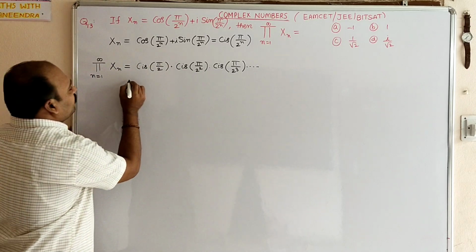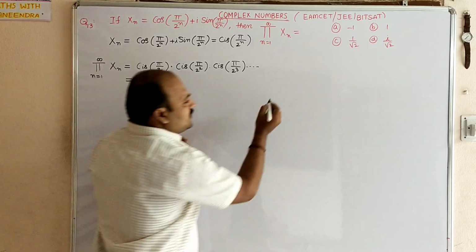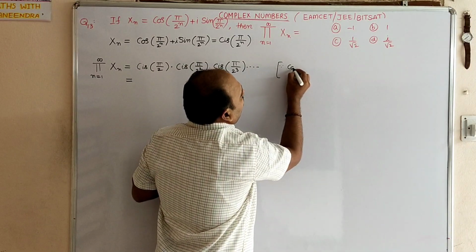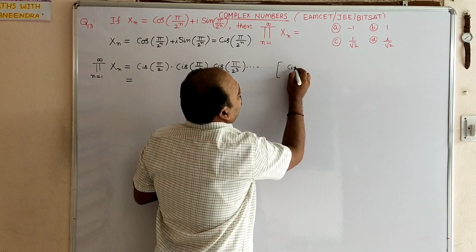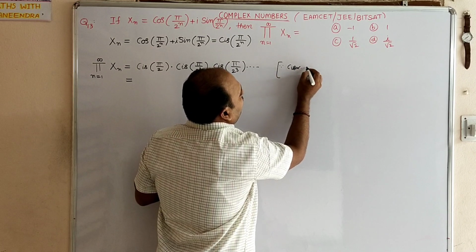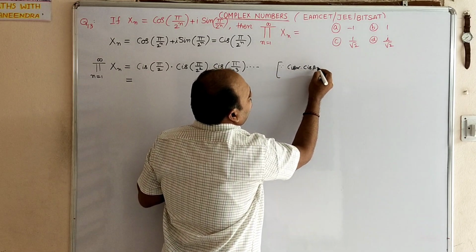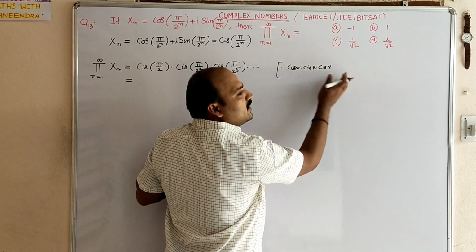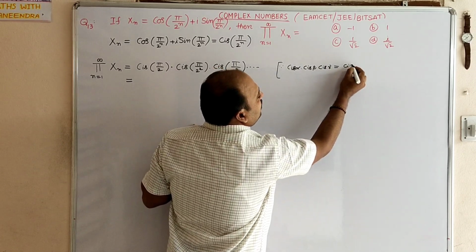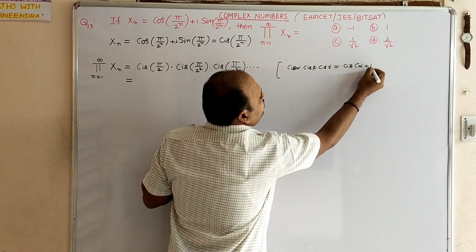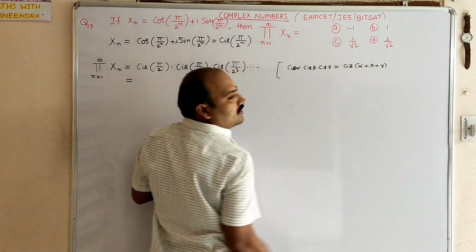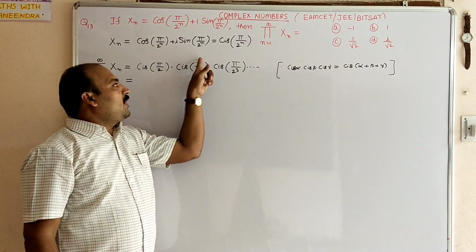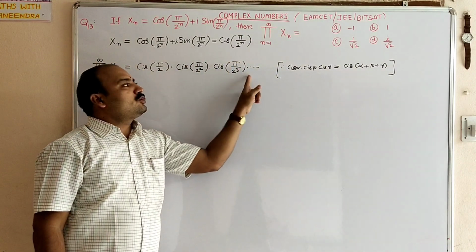So now we know, from the earlier classes in complex numbers, cis alpha into cis beta into cis gamma and so on. Suppose here three angles are there. This can be written as cis of alpha plus beta plus gamma. So here (pi by 2) square, (pi by 2) cube and so on will be there.